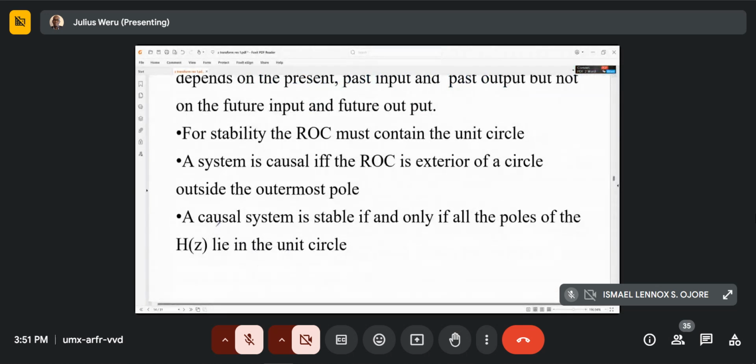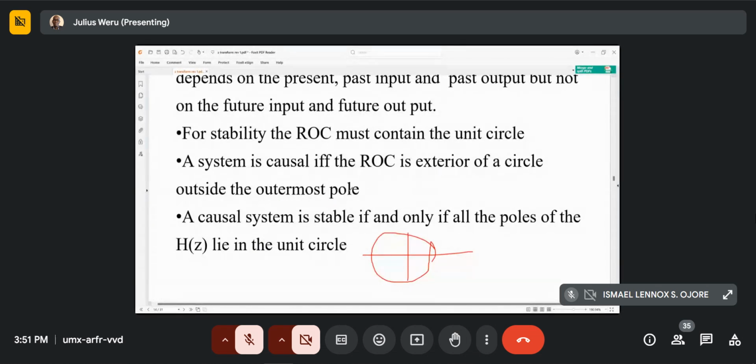Which means a causal system can be stable if and only if all the poles of H(z) lie inside the unit circle. Because to be stable, it must include the unit circle in the ROC, and if it's causal, all the poles must lie in the unit circle.